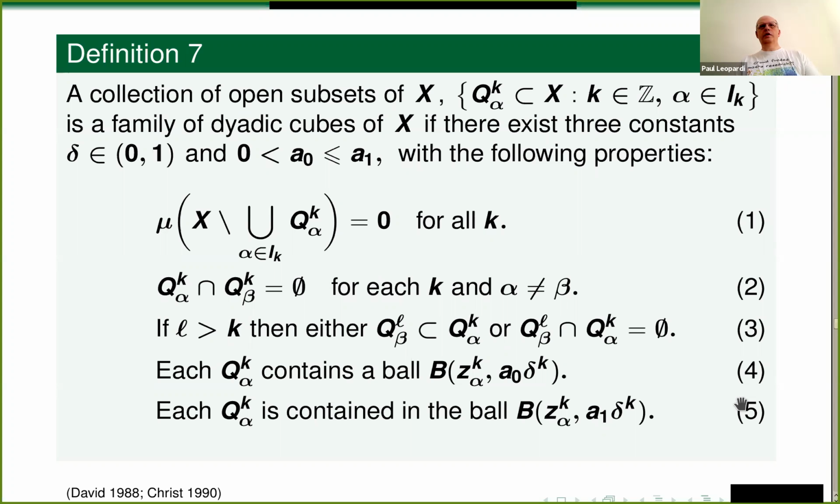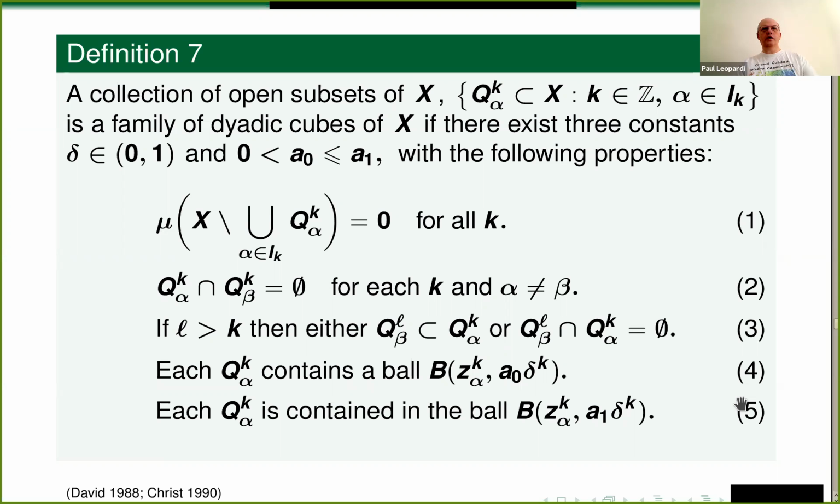If you have a cube Q_k,alpha in generation k, a cube in generation l, Q_l,beta, is either contained in that cube Q_k,alpha, or alternatively, it's disjoint. So in other words, you don't have cubes in a higher generation which partially overlap with cubes of a lower generation.